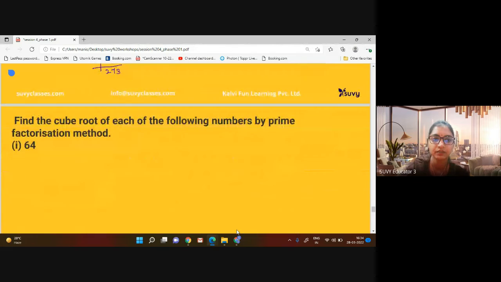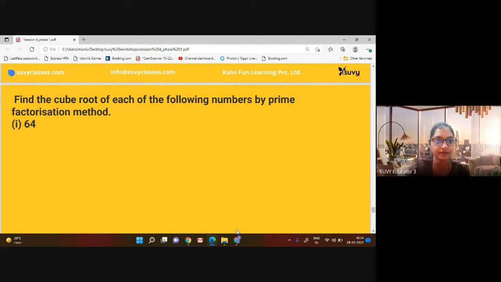Correct. So the question here is that you have to calculate the cube root of each number by prime factorization. So 64 is there. Let's get started with prime factorization. 2 into 2 is 4, 2 into 2 is 4, 2 into 2 is 4.